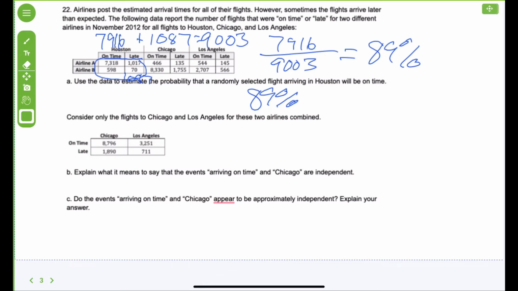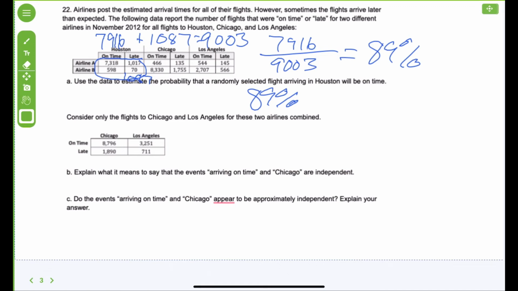Now, consider only flying to Chicago and Los Angeles for these two airlines combined. Explain what it means to say that the events arriving on time and Chicago are independent. So, to say that they are independent would say that the probability of arriving on time is the same for Chicago as it is for Los Angeles.